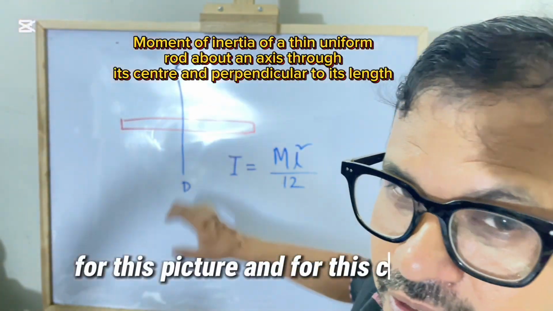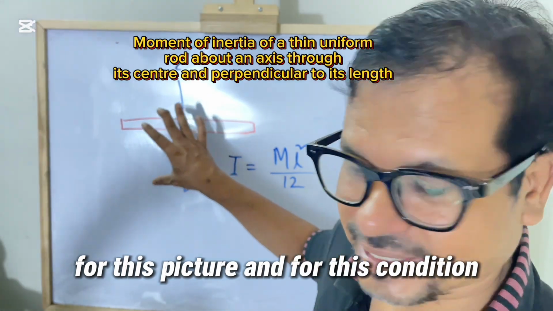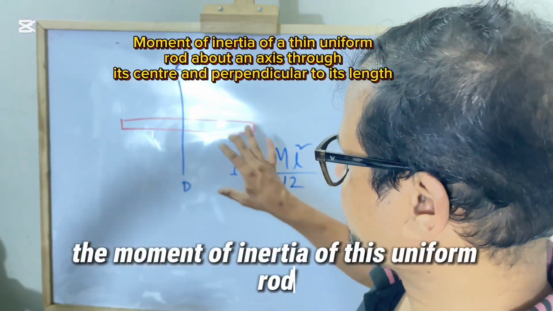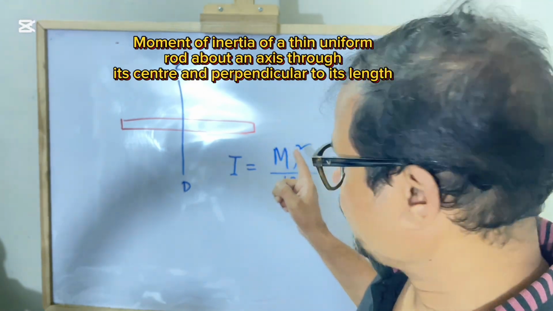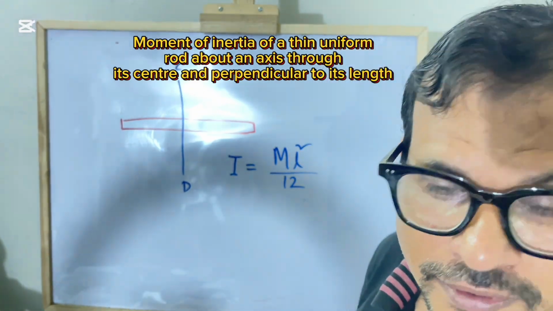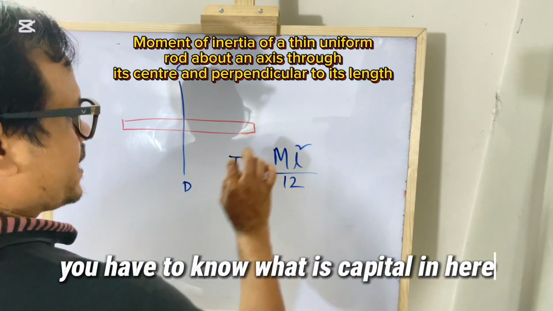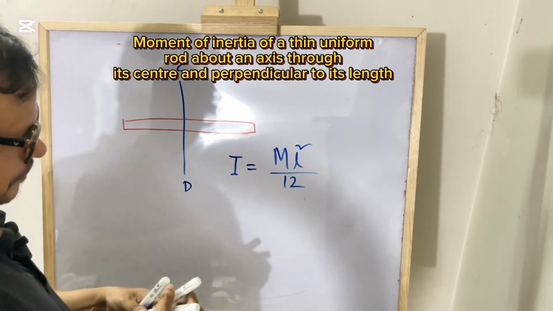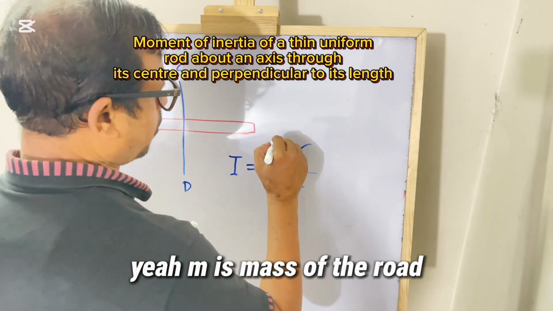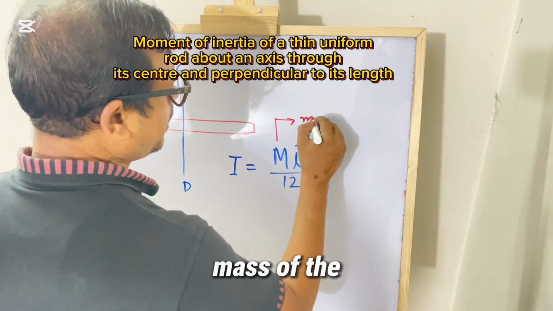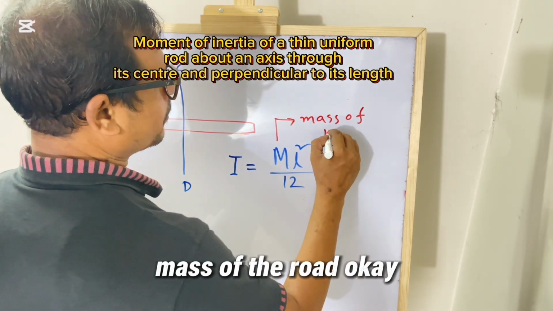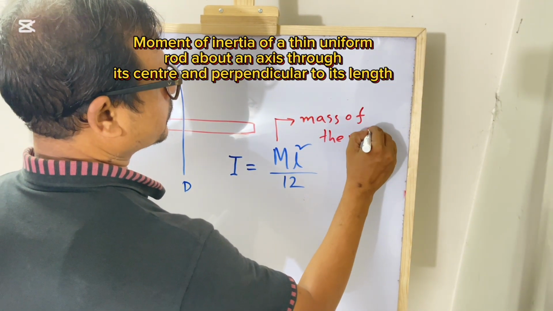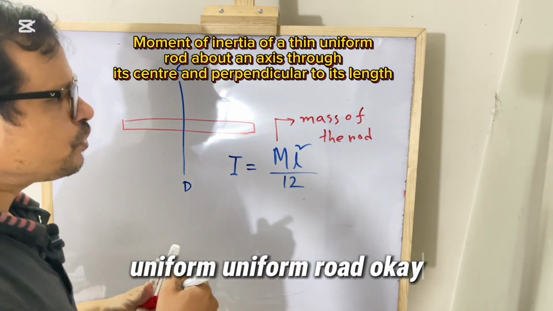For this picture and this condition, the moment of inertia of this uniform rod is I equals M L squared upon 12. Guys, you have to know what capital M is here. M is the mass of the uniform rod.